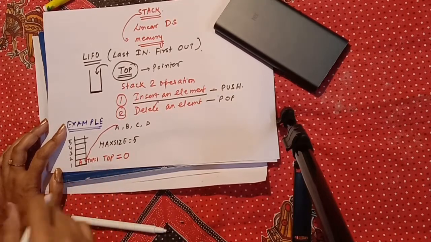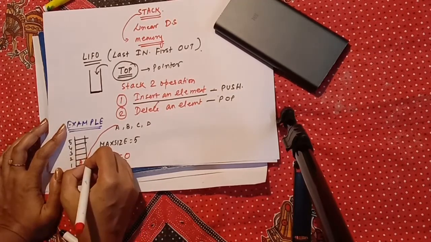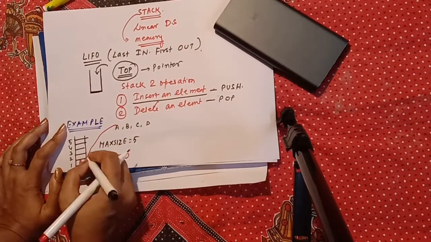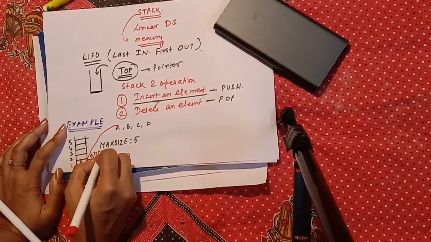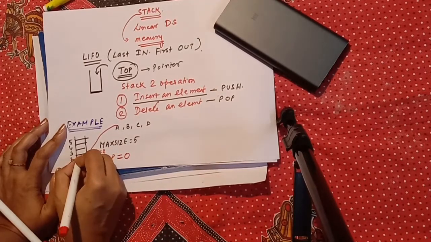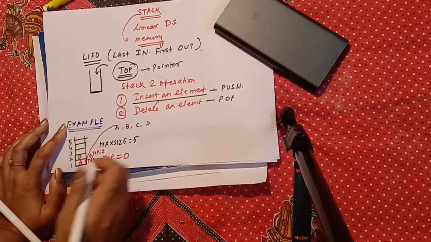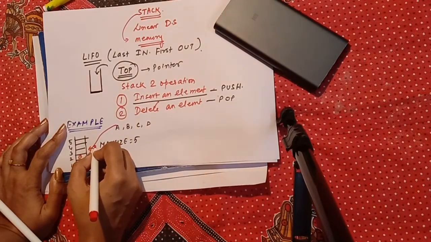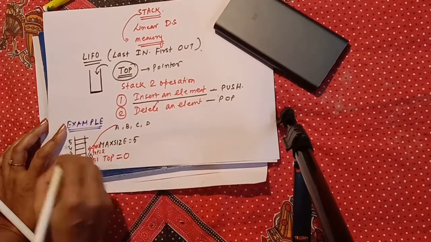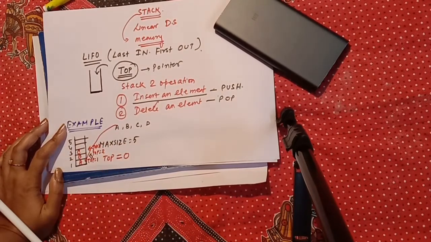Suppose we want to store the next element B, we increase the value of top to 2, and then we store the value B. Again we have to store the element C, then we increase the value to 3, and then we insert the element C.